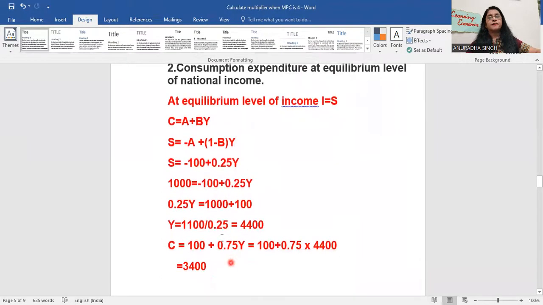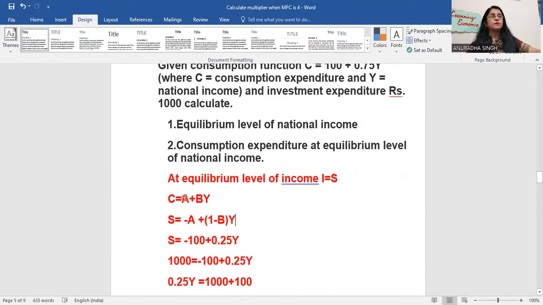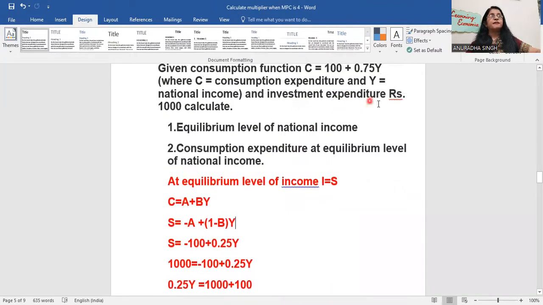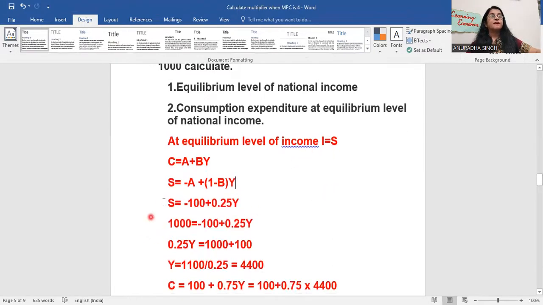Now when we are calculating this, saving is equal to 1000 because they have said that investment expenditure is rupees 1000. Since investment is equal to saving, in place of saving we can take investment expenditure.